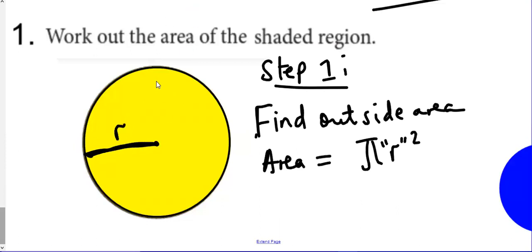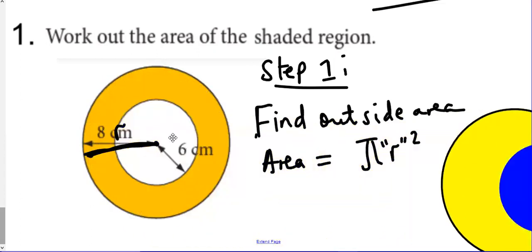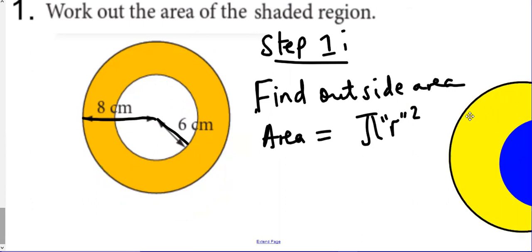In order to see that, let me remove this. Can you see that your radius will be equal to 8? Because we have two radii, one is 6 and one is 8. Now, which radius are you going to use, 8 or 6?